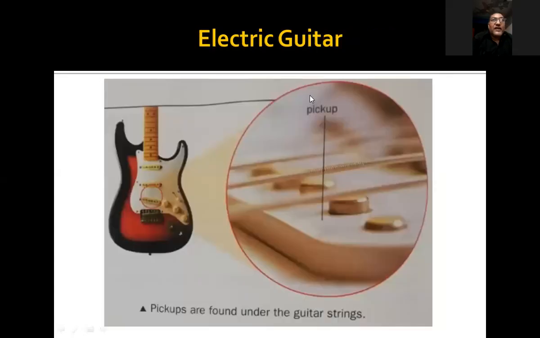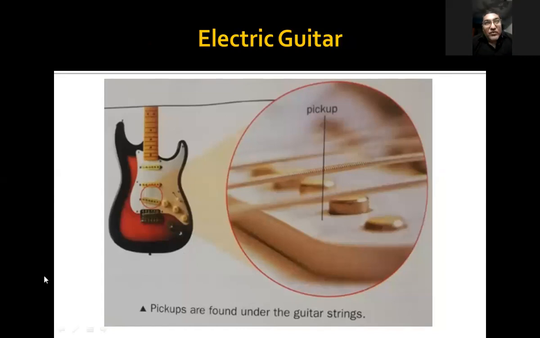So here we have an electric guitar, and we will try to learn how the electric guitar works. These are called pickups, and on those we have strings.